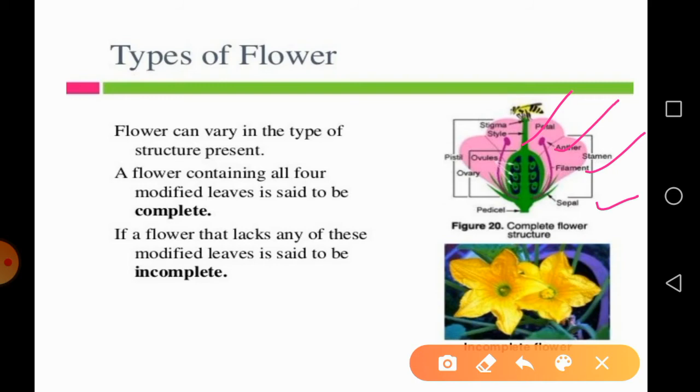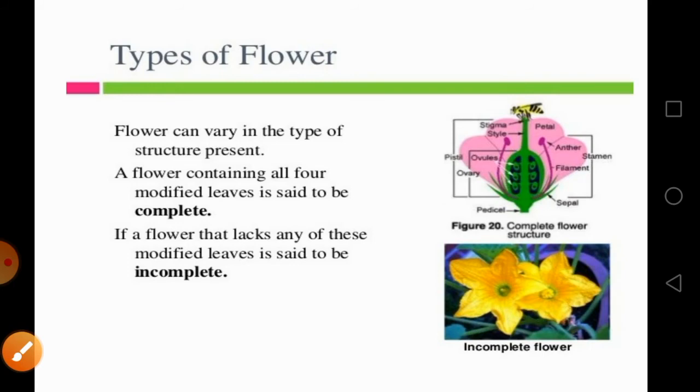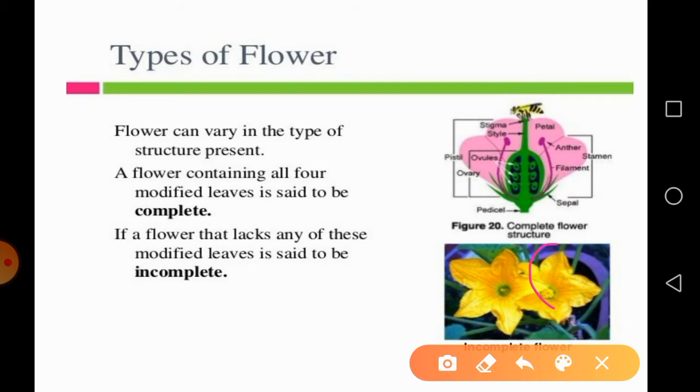If your flower lacks any one part, in this case you can see here we have only petal, calyx and androecium, and in this flower we have a gynoecium. So one part is missing. In this flower you can see it has only three whorls, that is calyx, corolla and androecium, while this one has calyx, corolla and gynoecium.